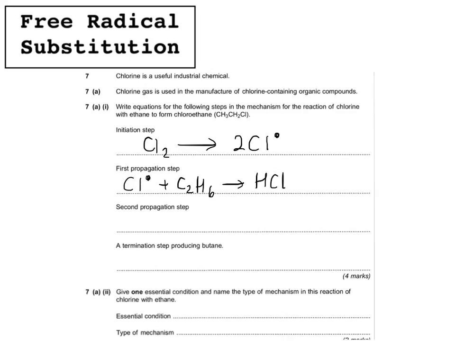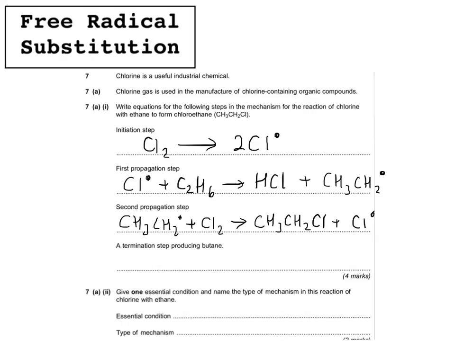Remember, one of the hydrogens is grabbed by that chlorine free radical, and because there is more than 1 carbon atom in the alkane, we've got to draw out our alkane free radical structurally. So it's going to be CH3CH2 dot. Then that reacts again, CH3CH2 dot, with a chlorine molecule this time, to make our final product, CH3CH2Cl, and our chlorine free radical again, which then goes back into the first propagation step.